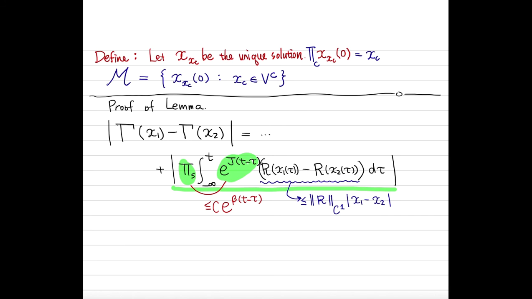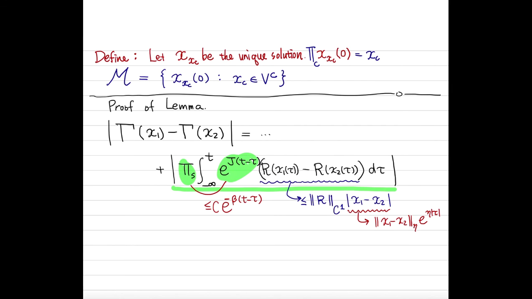Here it's minus beta because it's stable, so it has to decay in time. So J has negative eigenvalues less than or equal to minus beta. Furthermore, x1 minus x2 can be written as the eta norm times something that grows in eta.